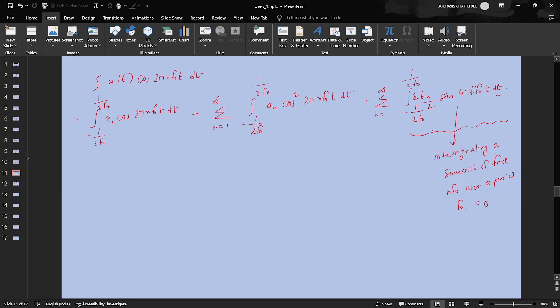So this is basically going to 0, this goes to 0 here. So let me point them. So this goes to 0, this here also goes to 0. Now let's see what happens here. We are willing to find a n, right?